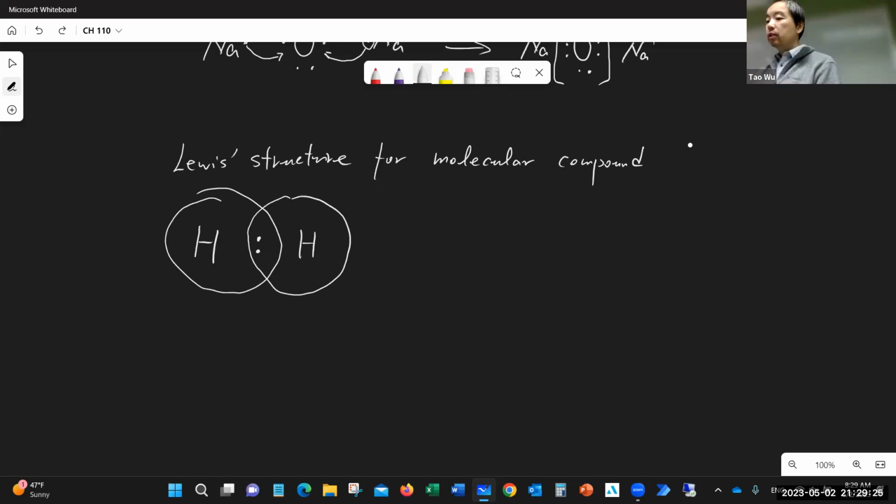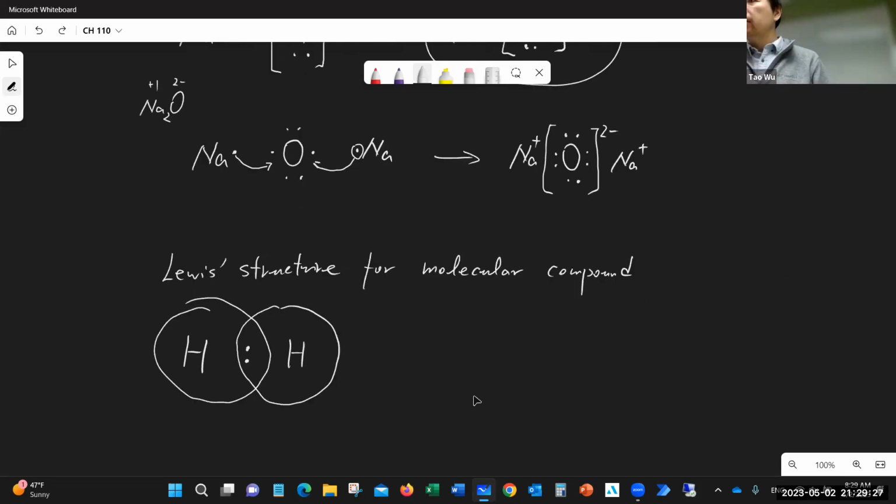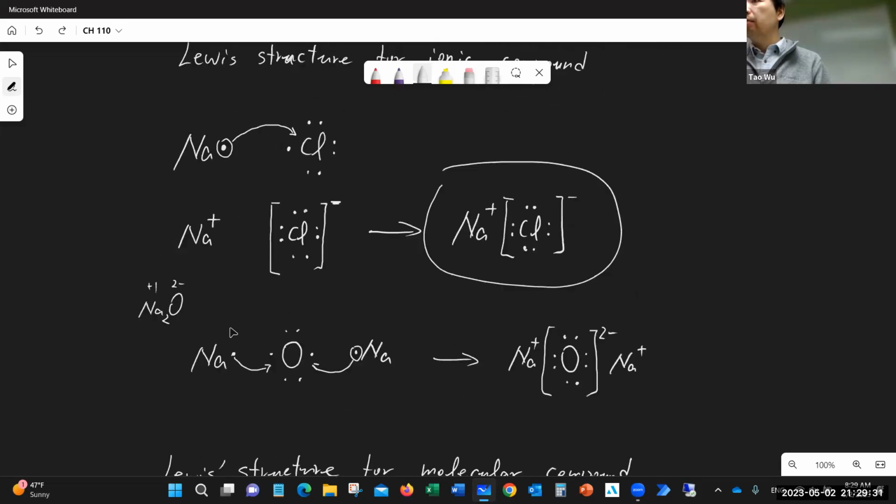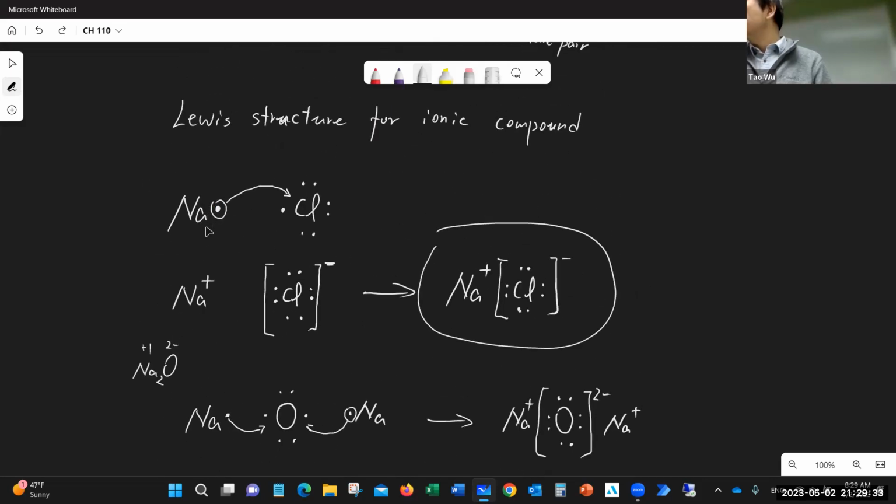So that's the complete difference between a molecular compound and an ionic compound. In an ionic compound like sodium chloride, the sodium completely loses the electron, and the chlorine completely gains it.